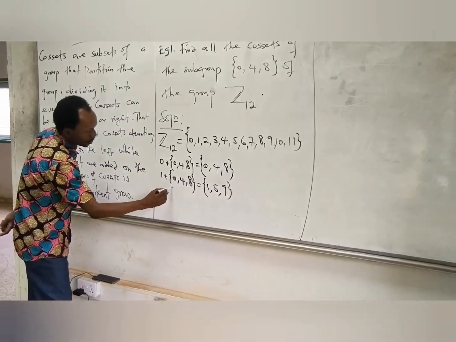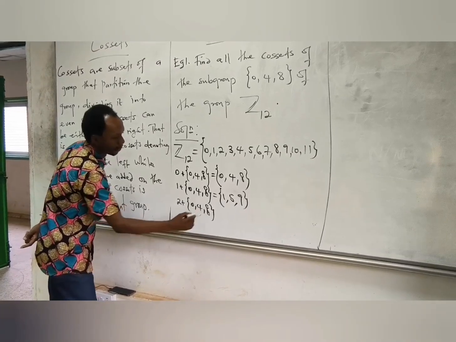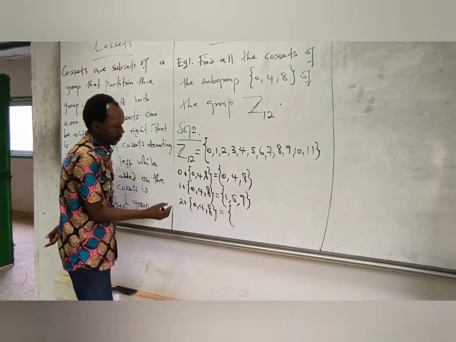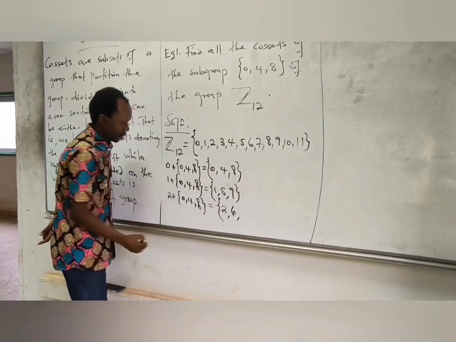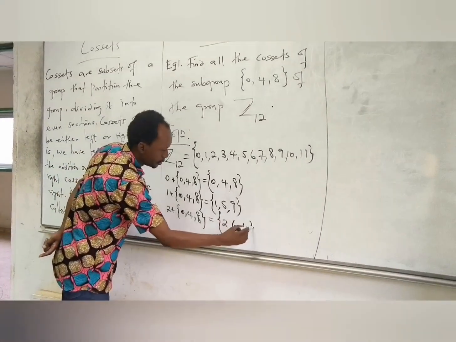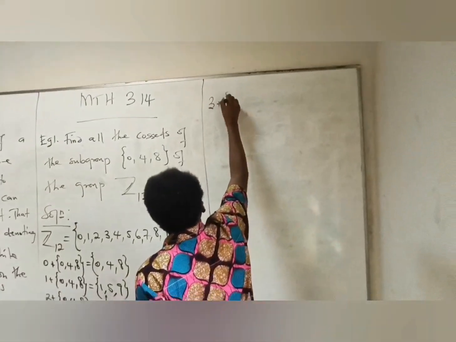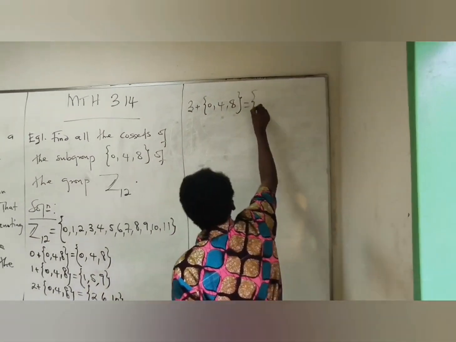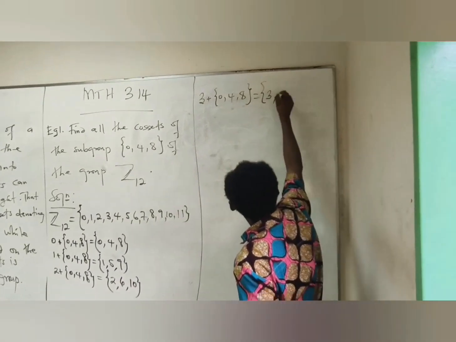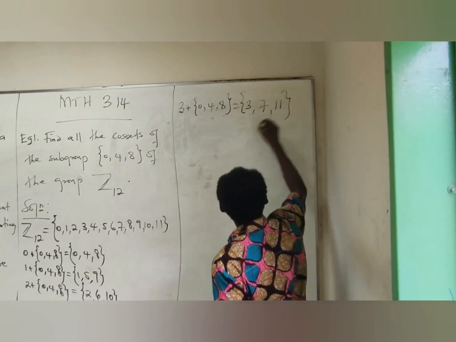Let's add 2 to 0, 4, 8: 2 plus 0, 2 plus 4, 2 plus 8: 2, 6, 10. Let's go on. 3 plus our subgroup. What do you get? 3, 7, 11.